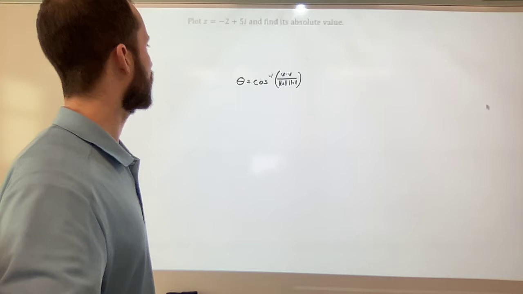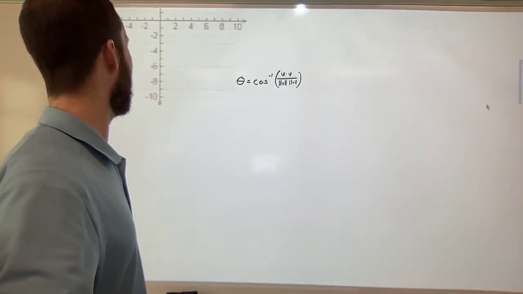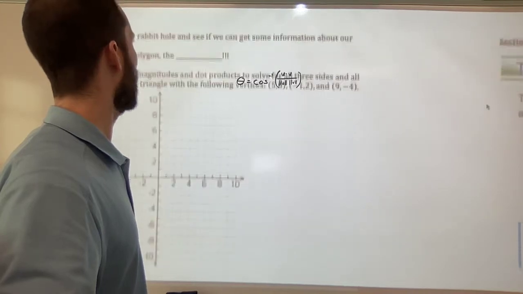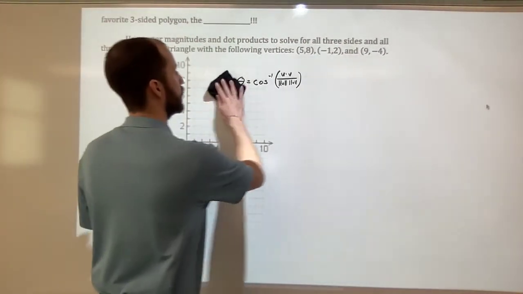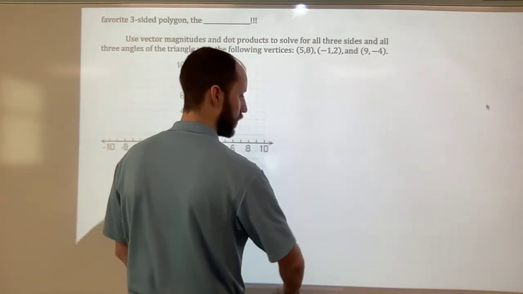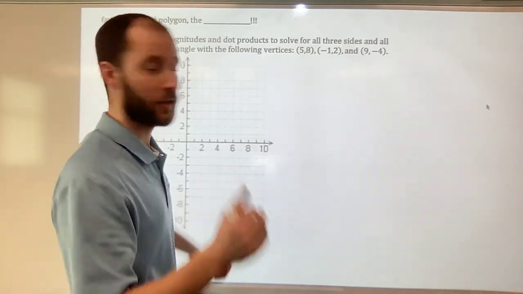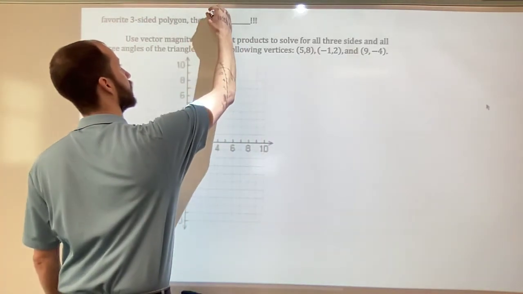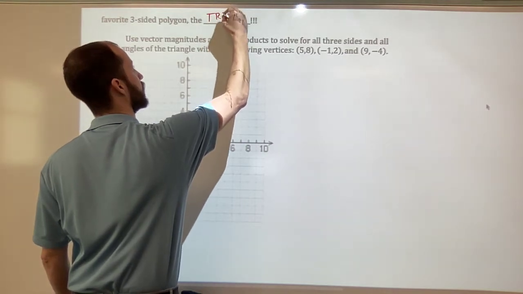And then this all culminates when we're going to look at our favorite three-sided polygon. You had a moment to think. I used red. This is celebratory. Three-sided polygon. The triangle.